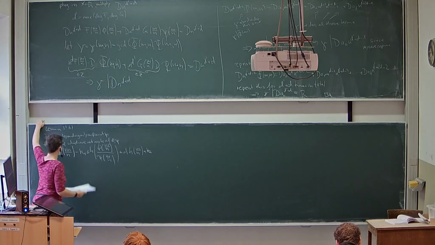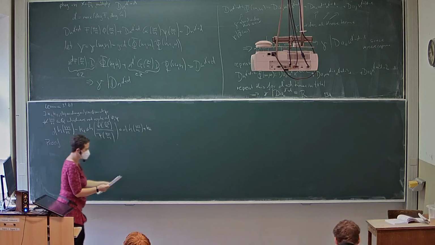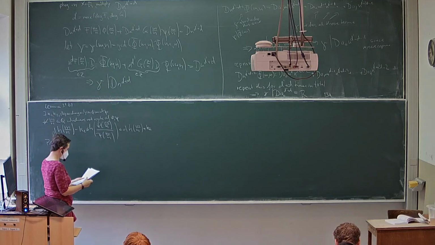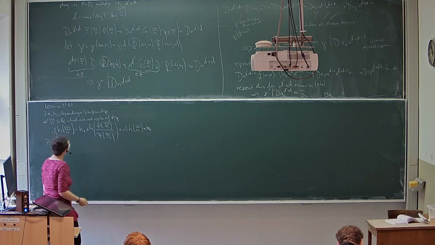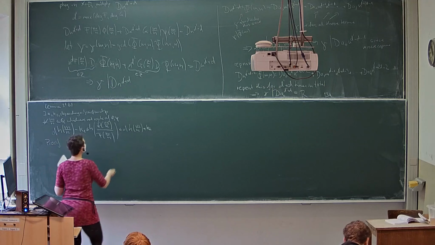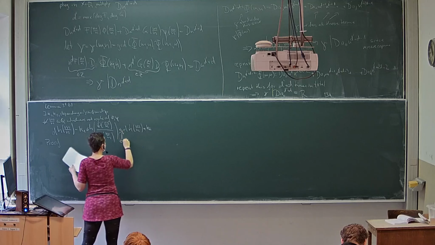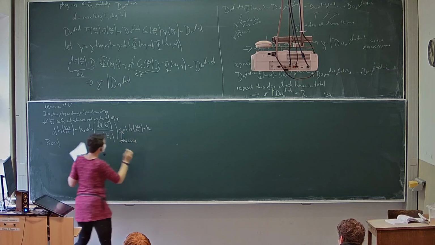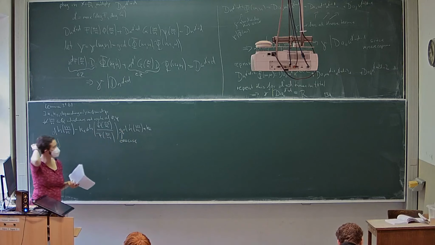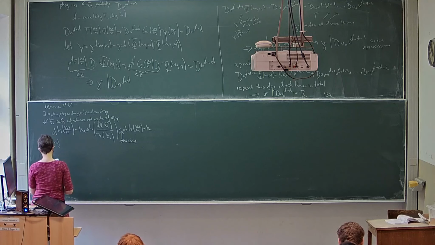So we have two bounds. We have a lower bound and an upper bound. And this will be an exercise. In the book, there's also a hint how this is solved. And this we will prove now.